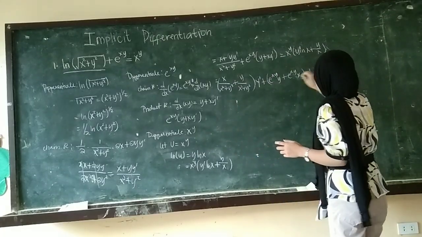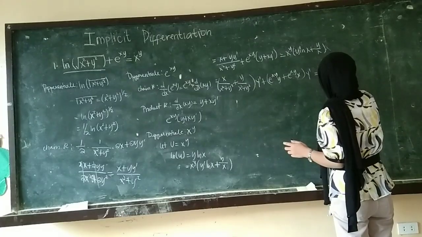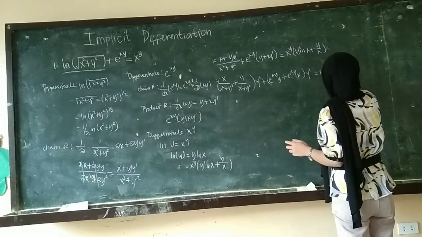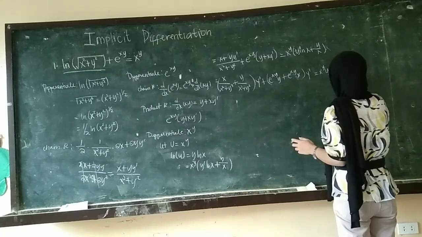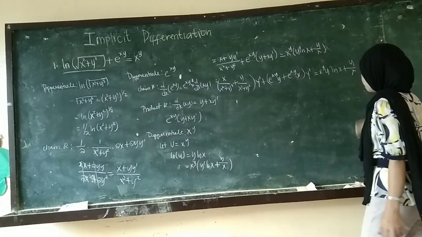And it's equal to x raised to the power of y times y prime ln x plus y over x.